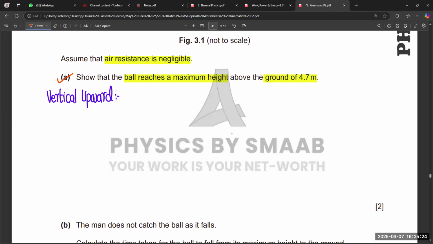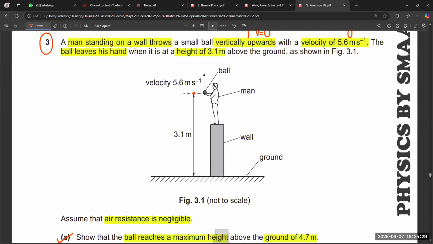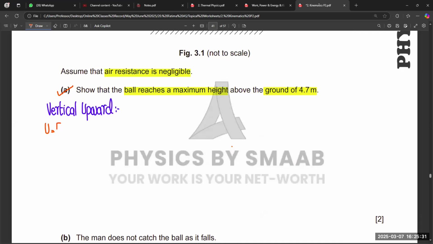So initial velocity is given, 5.6. Final velocity 0. Value of g is 9.81 meter per second square, but negative because we are moving against the gravitational force in opposite direction, and the main target is to find out the maximum height.